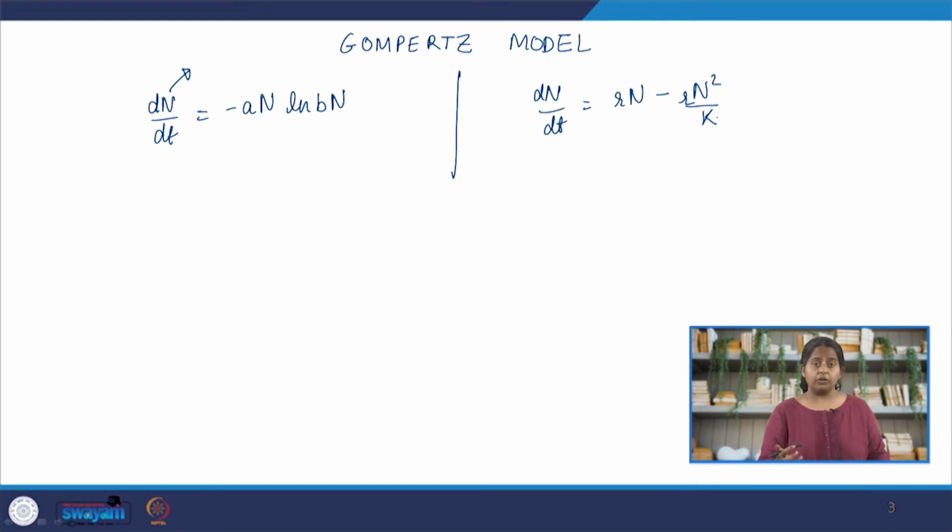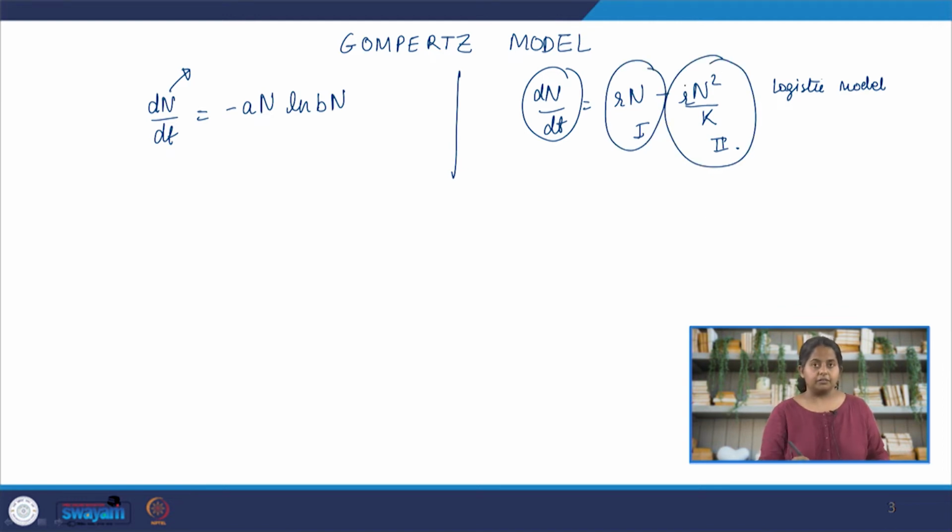So let's start with the model that you are already familiar with, the logistic model. If you look at the logistic model, on the right hand side, it comprises two terms, one here, one term here. So the rate at which the number will change, number of bacteria, number of any contaminant, number of people in a city, depends on these two factors, because there are two different factors that we have written.